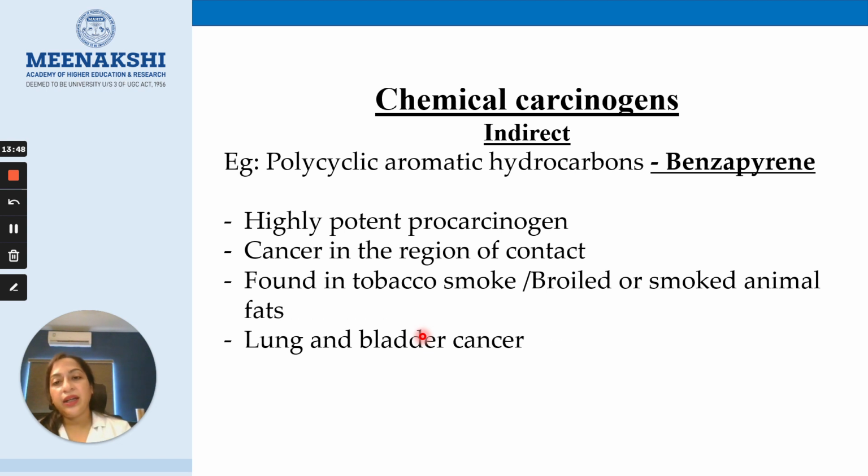Among the indirectly acting, the most common is the polycyclic aromatic hydrocarbon, benzopyrene. They are highly potent procarcinogens and they can cause cancer in the region of contact: in tobacco smoke, and in broiled, kebab-like food, protein that is exposed to very high temperatures to cause burnt carbon on the meat, and these can cause bladder and lung cancers.